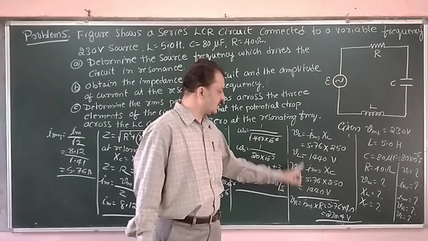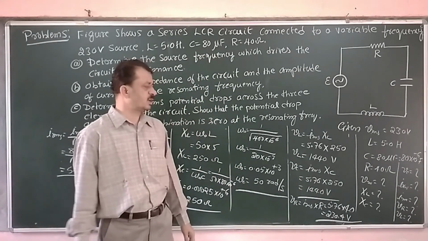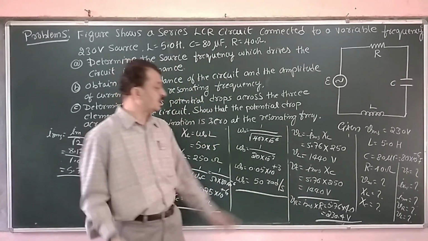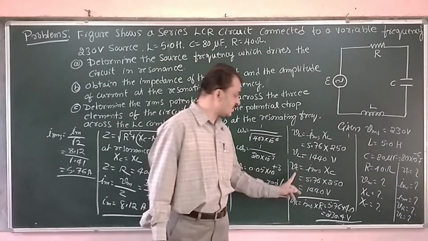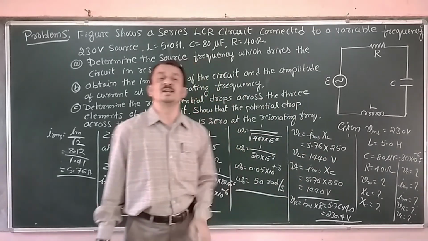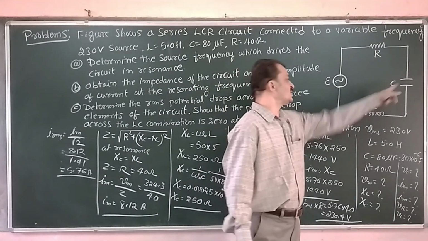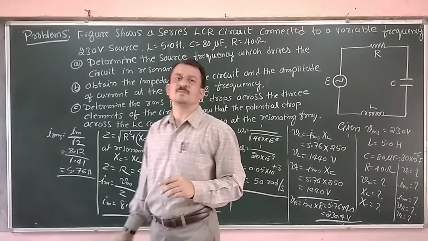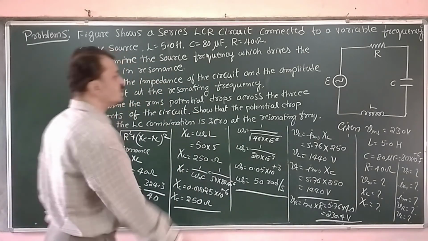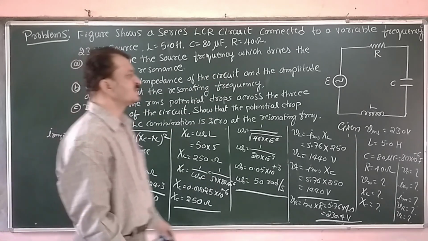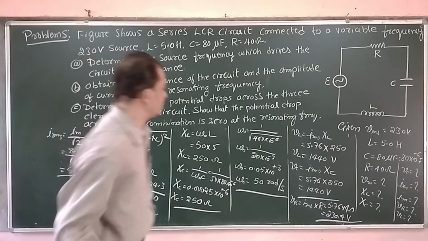Now at resonance, the voltage across the inductor and the voltage across the capacitor both are equal, 1440, 1440. But in the case of inductor, voltage is leading by 90 degree. In the case of capacitor, voltage is lagging by 90 degree. Then what is the phase angle between the two combination? The phase angle between the combination of the two is 0, and hence the potential drop across the two is 0.